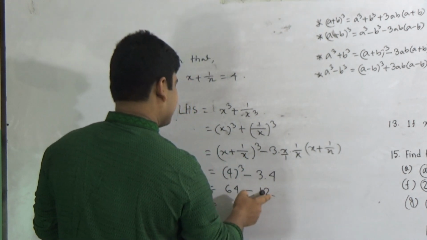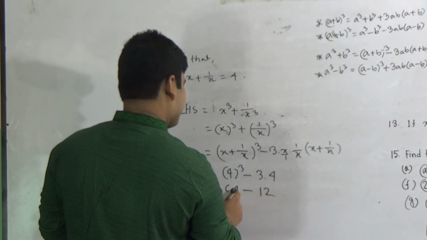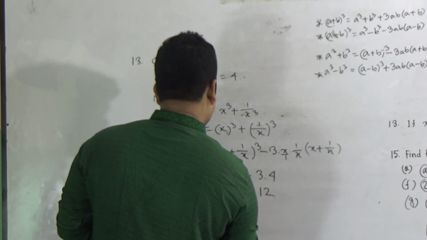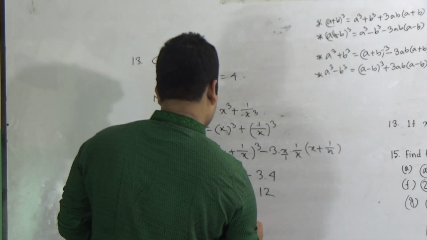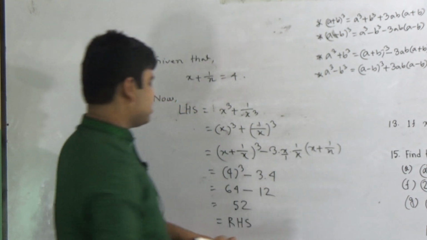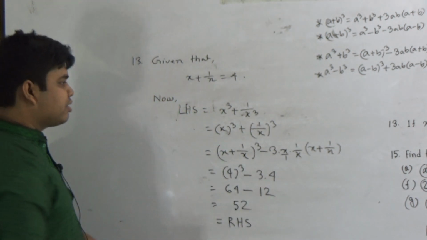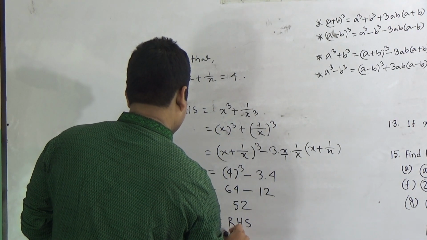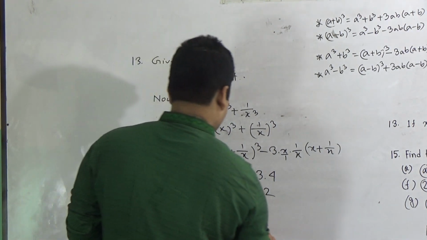Now, we do subtraction. 4 minus 2 is 2, 6 minus 1 is 5. So, 52. This is right hand side. So, here we write left hand side equals right hand side. Proved.